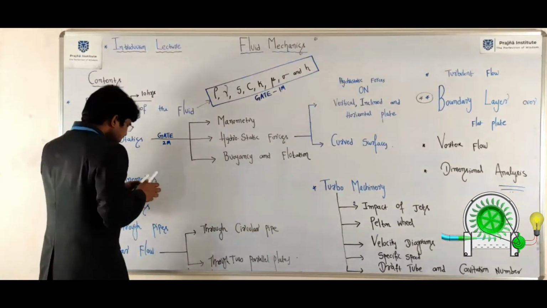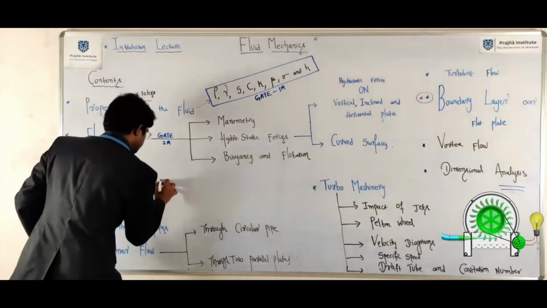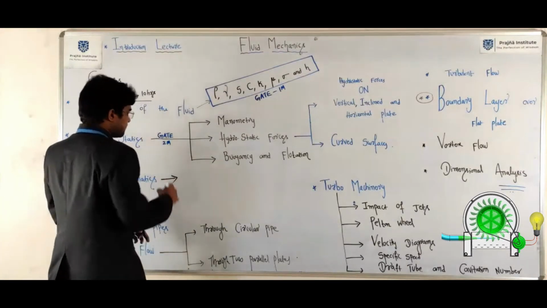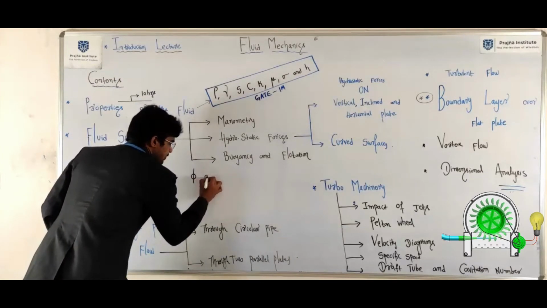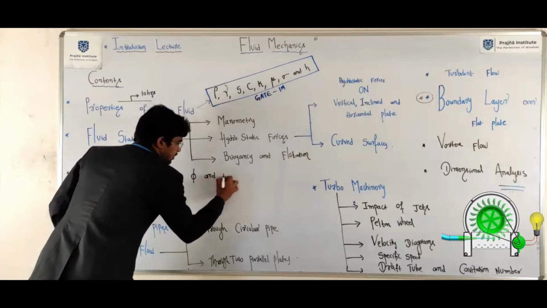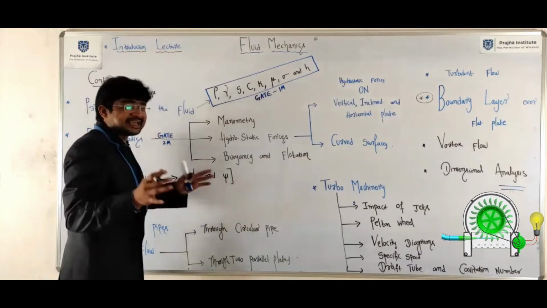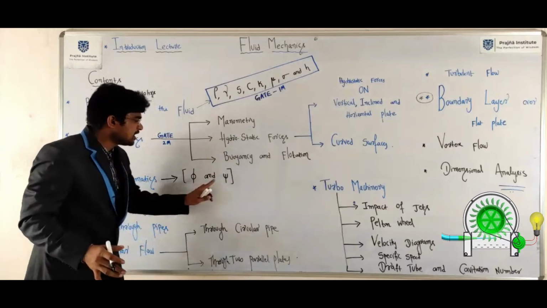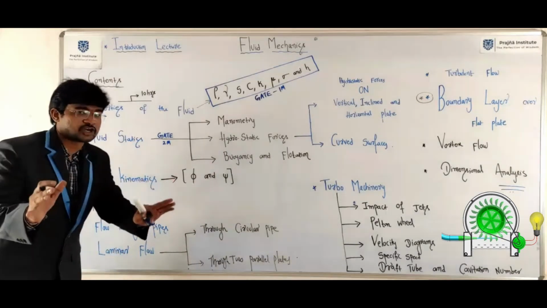Then you can relate velocity and acceleration by using potential and stream functions. We need to play the game with potential and stream functions in the fluid kinematics chapter.